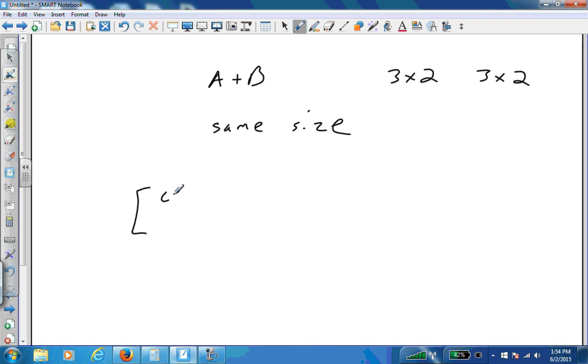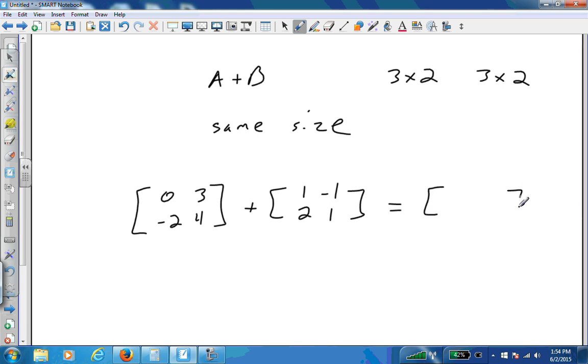If I have matrix 0, 3, -2, 4, and I want to add that to matrix 1, -1, 2, 1, then I take the row 1, column 1 components and add those.